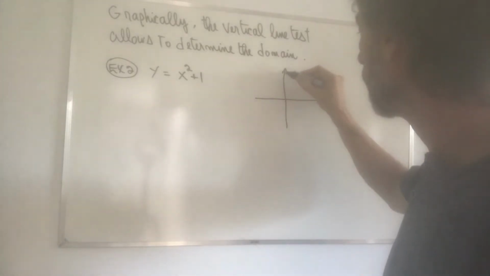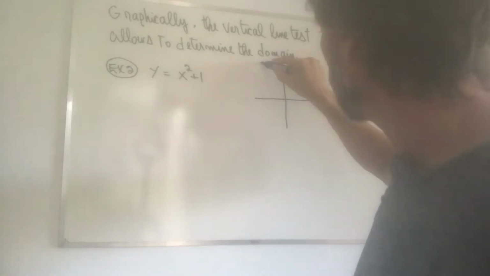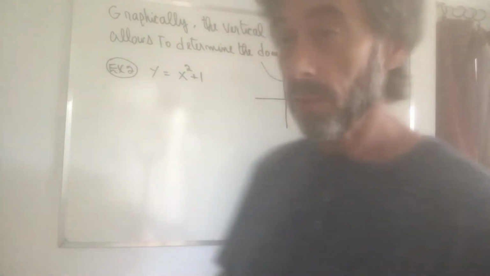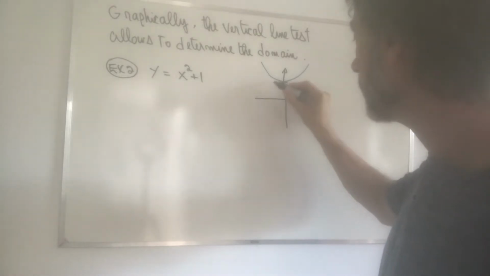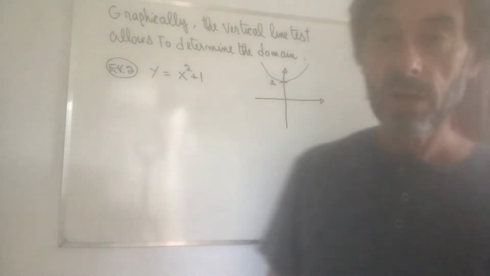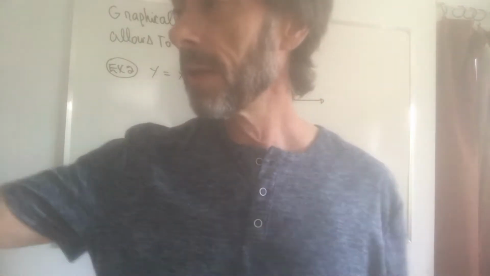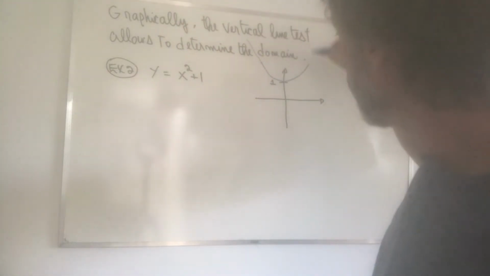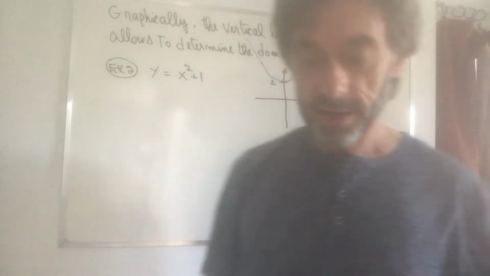Well, x squared is a parabola, and plus 1 basically lifts it up by 1 unit. This is actually equal to 1. Notice that this parabola extends its arms both ways like that. There is no ending to this.